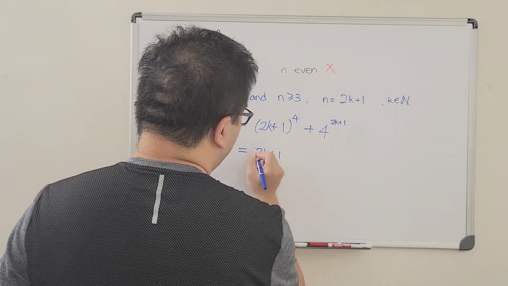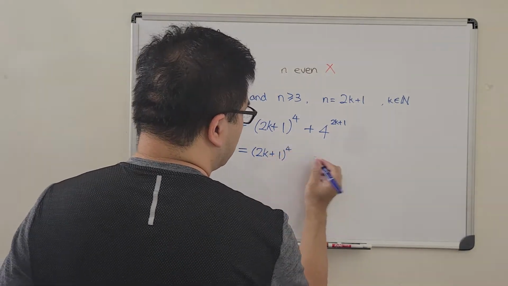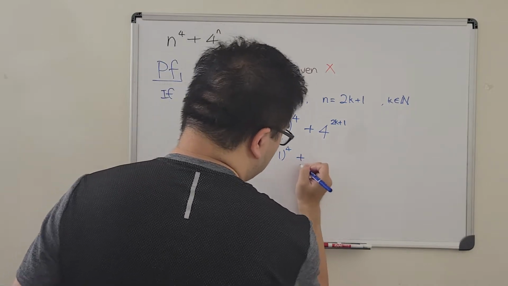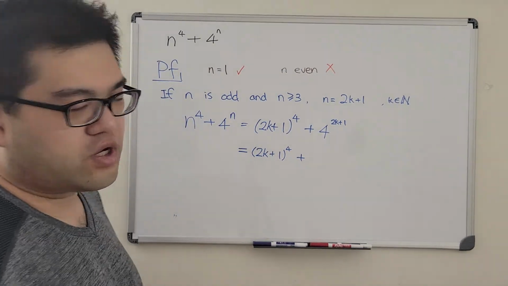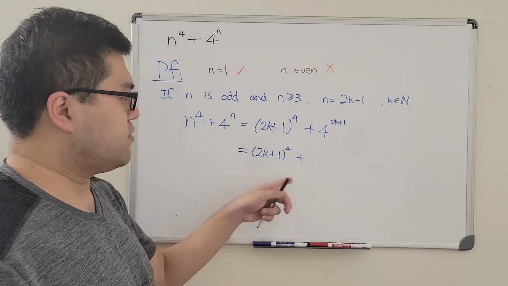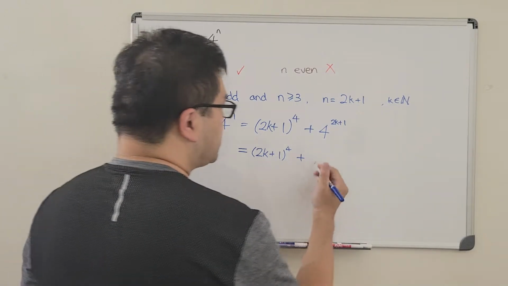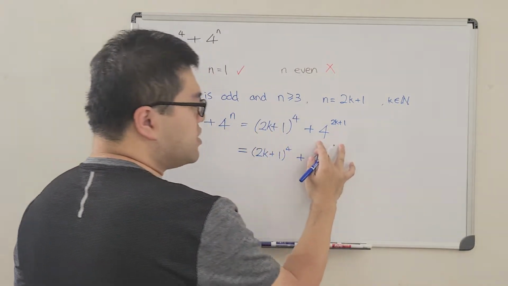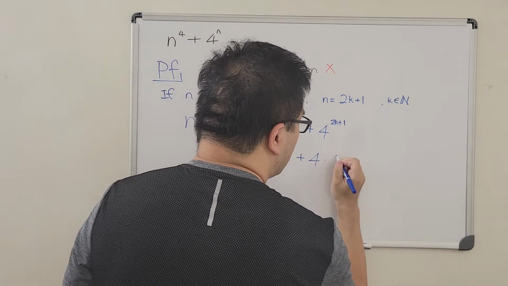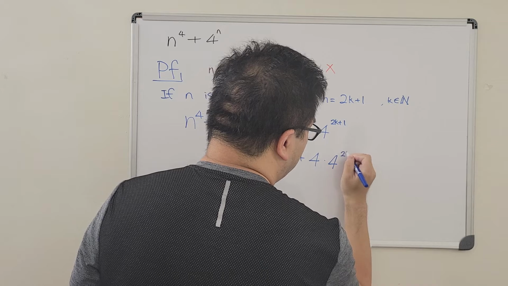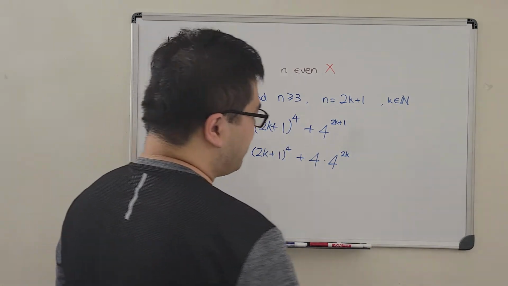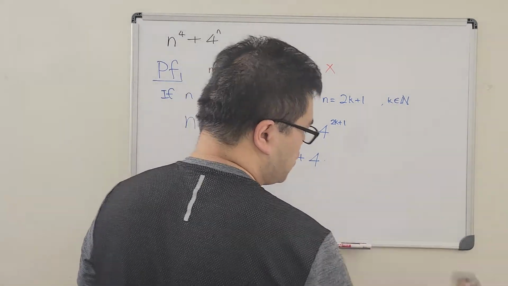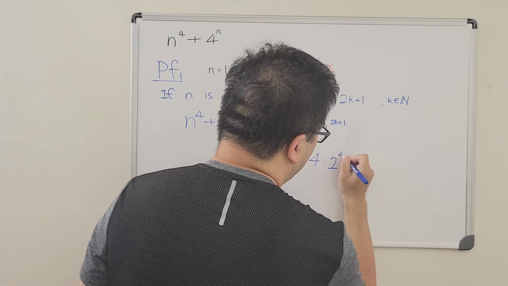Here, we will keep the first term the same, and we're going to use a trick called Sophie Germain's identity, which is saying that we are now going to break the second term into 4 times 4 to the 2kth power, which in fact is the same as saying 2 to the 4kth power.